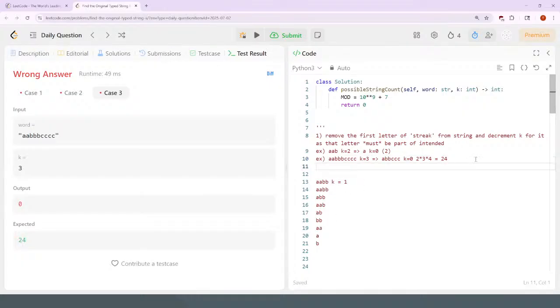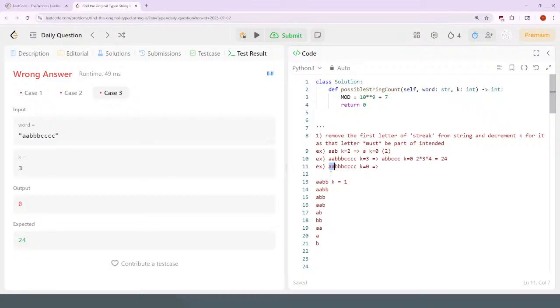Now, in general, if you have something where k is 0, this means that this is solvable directly without much thought, because you just count the number of each letter and you add 1 to it, and that's the number of possibilities.